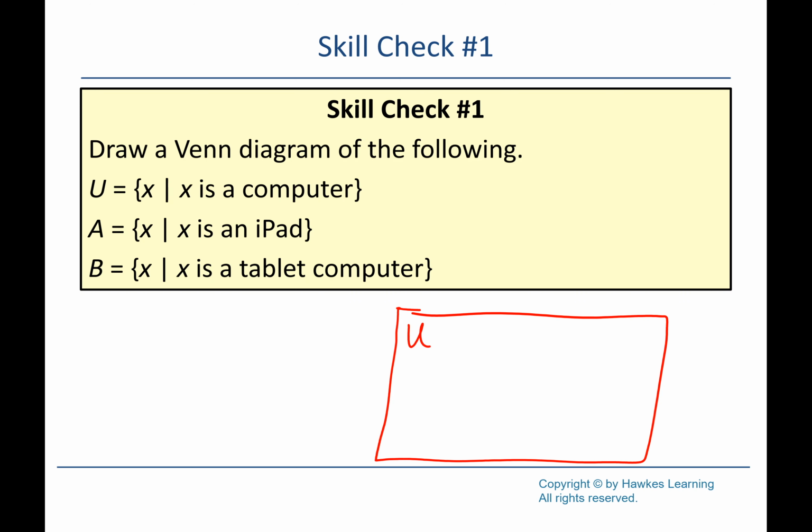So which one's going to be the subset here? A is going to be a subset of B. So sketch that down on your drawing. You should have something like, here's our tablet computers, and then we've got a subset of tablet computers for iPads. Something like that.